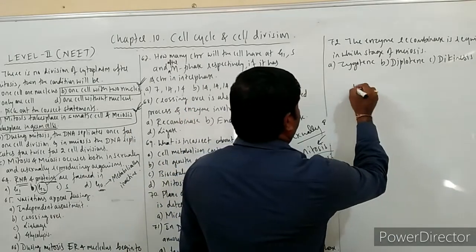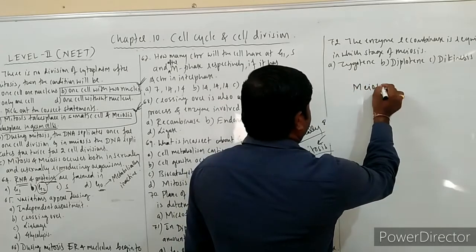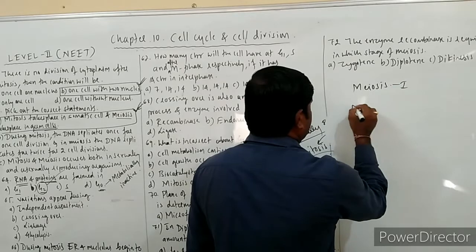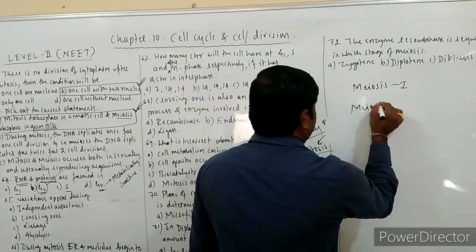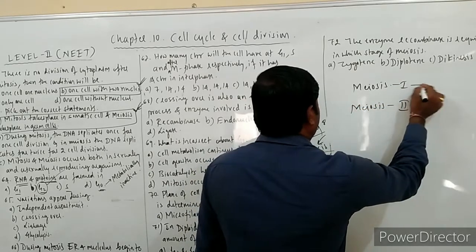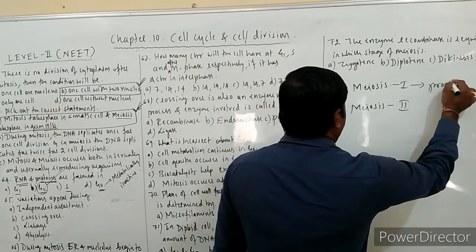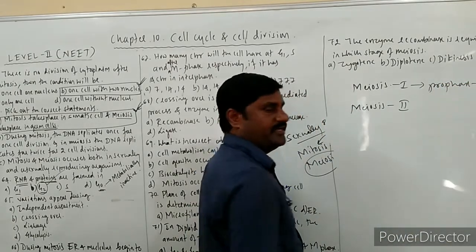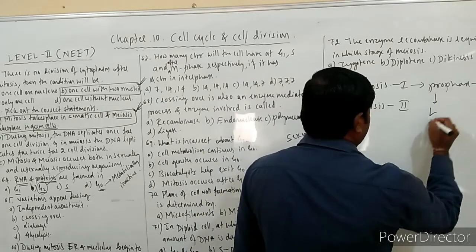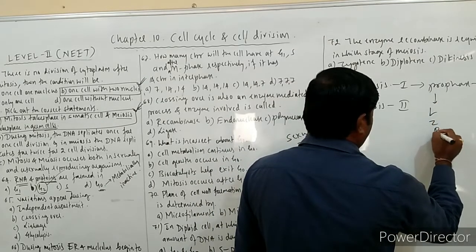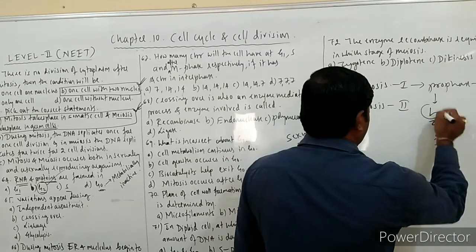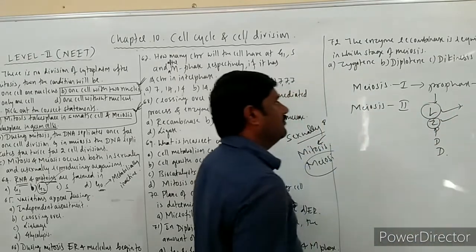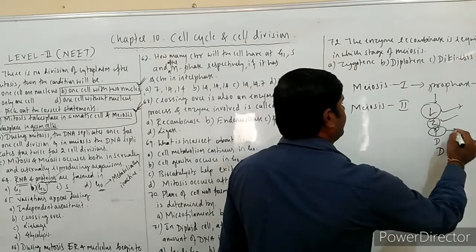See here, in meiosis, we come across meiosis 1 as well as meiosis 2. In meiosis 1, we come across prophase 1. In prophase 1, we come across 5 stages: L, Z, P, D, D. Leptotene, zygotene, but in pachytene, what happens?